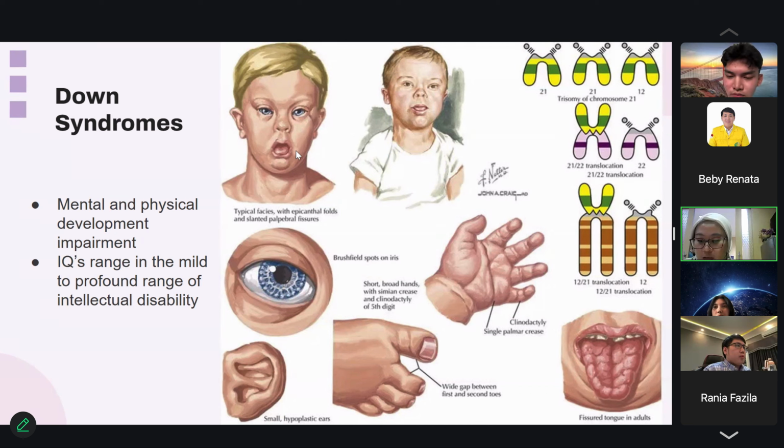Usually, because of the mouth breathing habit, they tend to have saliva drooling, and the maxillary shape is like a V, like Victory, and narrow, and they have higher periodontal disease compared to typical people.